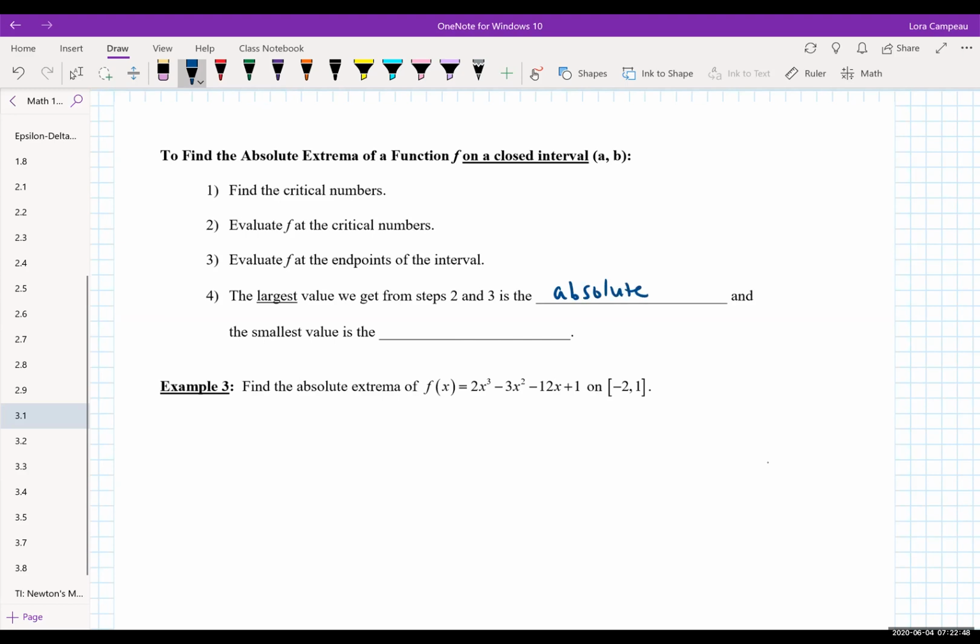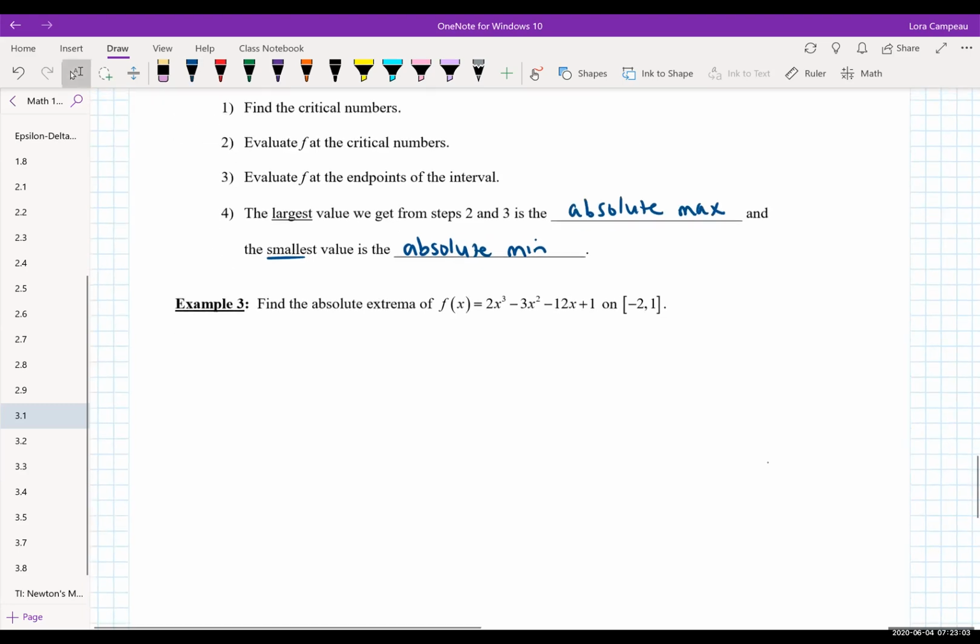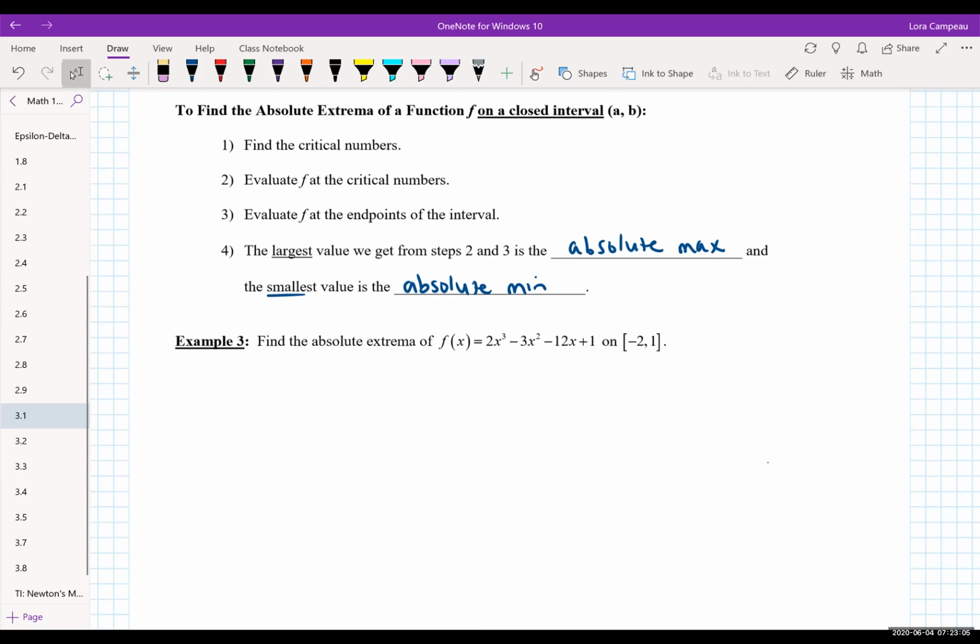We mentioned it, but maybe not so formally when we were going over the first example. And you're thinking, okay, well, what does this mean? The smallest value must be the absolute min. So we can figure all this out without even having to draw the picture, which is very powerful.